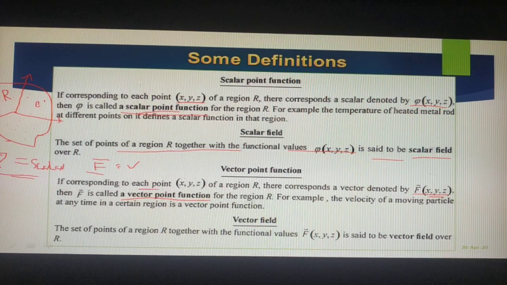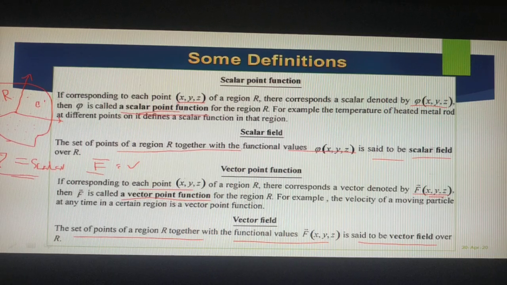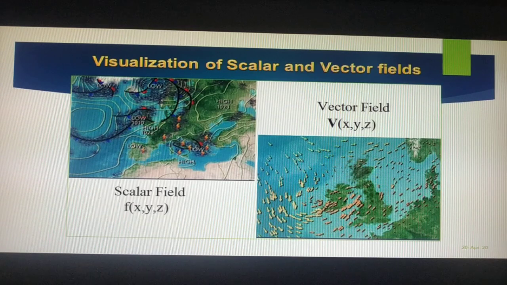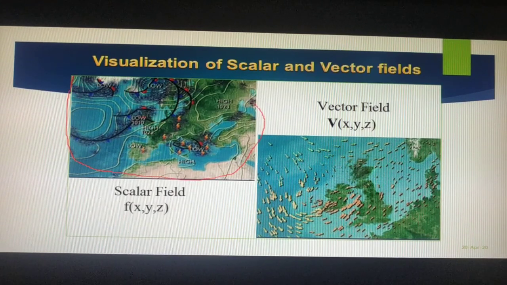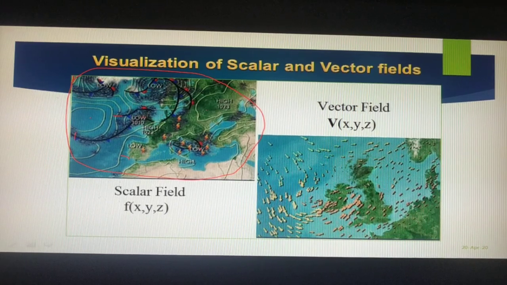So at each point I will get some value. The set of all these points having some functional values, all these are vectors. So all together, this whole region we will consider as a vector field. See here, this diagram tells you about the scalar field, and there are infinite points here.